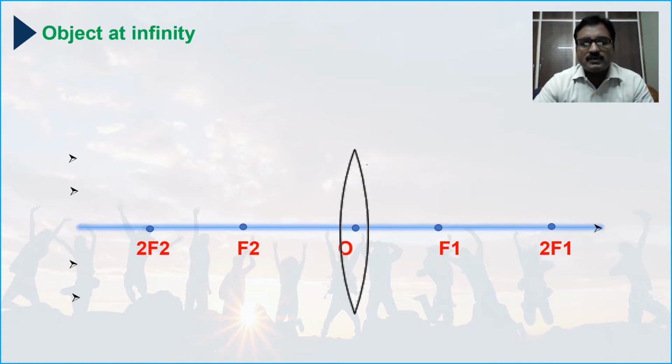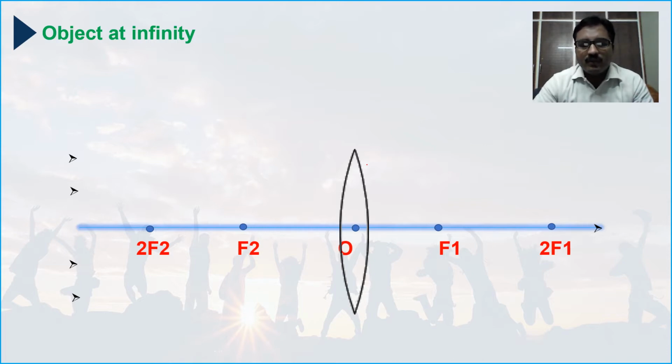Because the distance from the center of lens, that is pole of the lens, to focal point is called focal length, and from the center of the lens to the center of curvature we call it radius of curvature. Now the radius of curvature is 2 times the focal length.